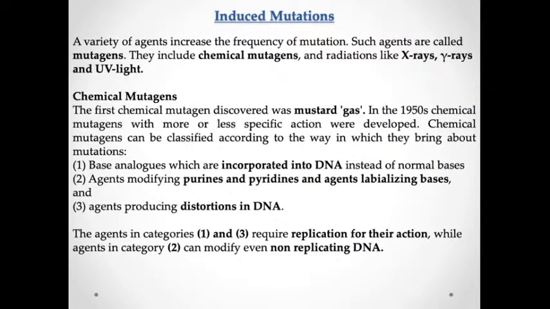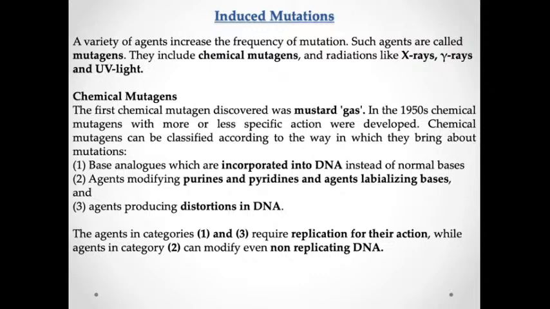In induced mutations, that was about spontaneous, induced mutations could be done via radiations like X-ray, gamma ray, and UV light, or with the help of chemical mutagens like mustard gas, which was the first chemical mutagen discovered, in 1950.